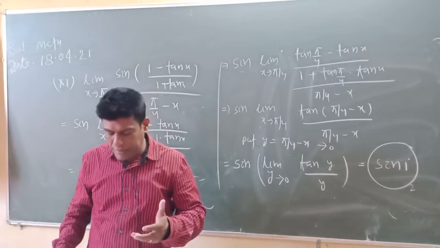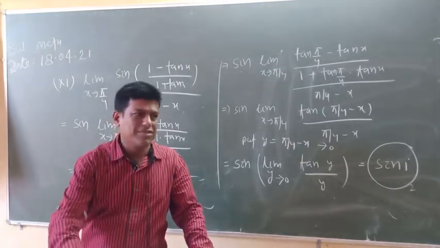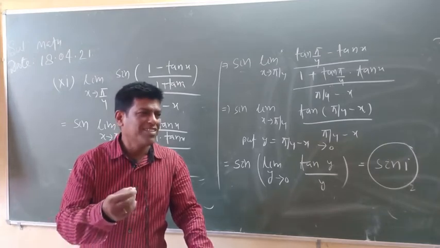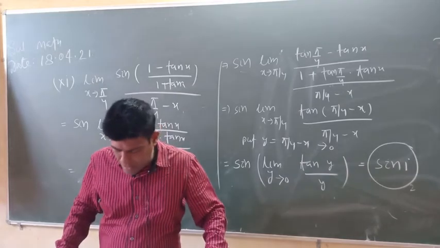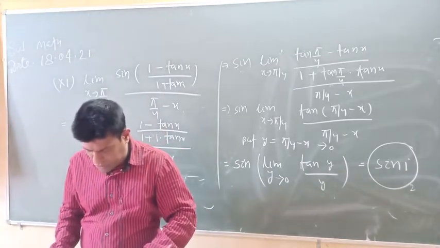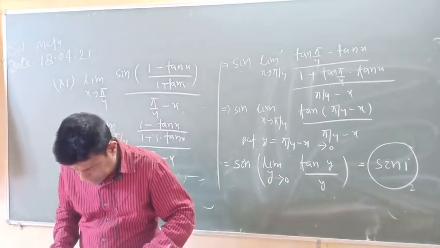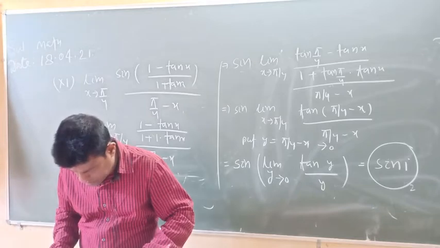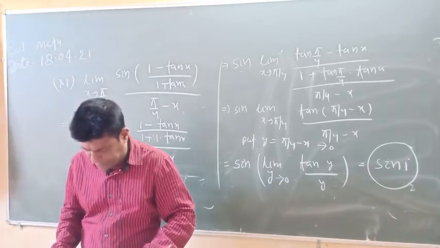Now, the last number is the next problem: limit x tends to pi by 2 of log e of (1 minus sin cube x) by cos square x.